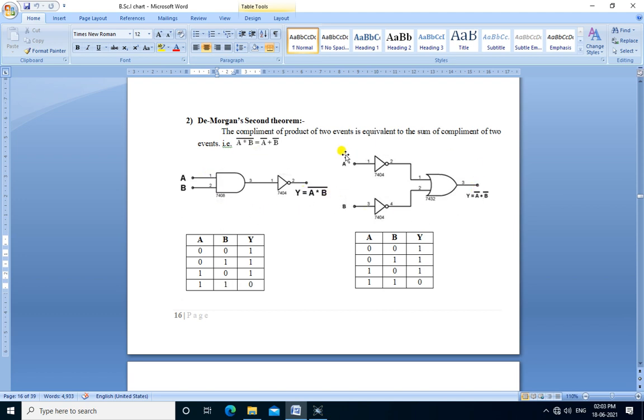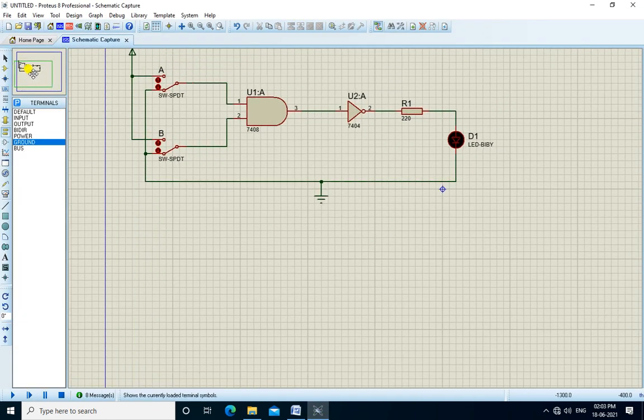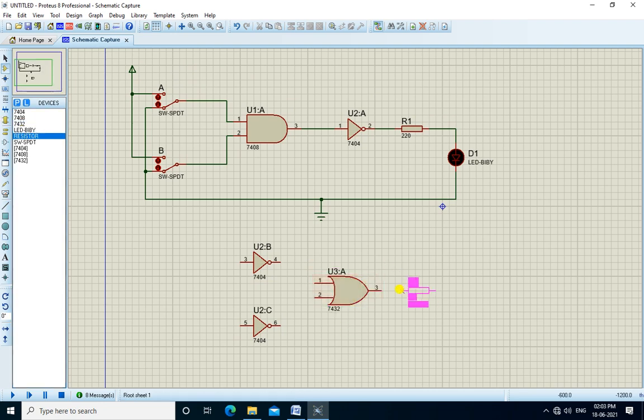Now we build this circuit, that is A bar plus B bar. So we require two NOT gates, an OR gate, a resistor, and LED.